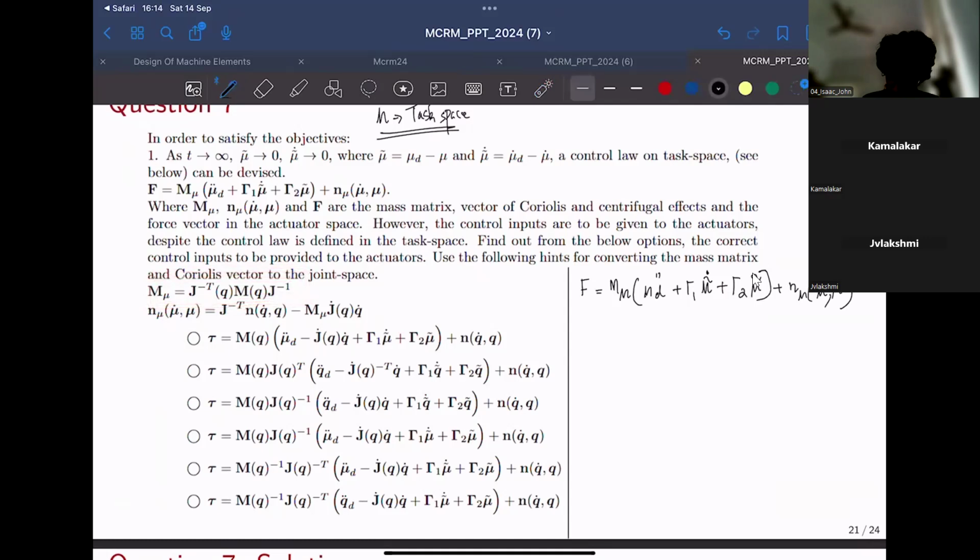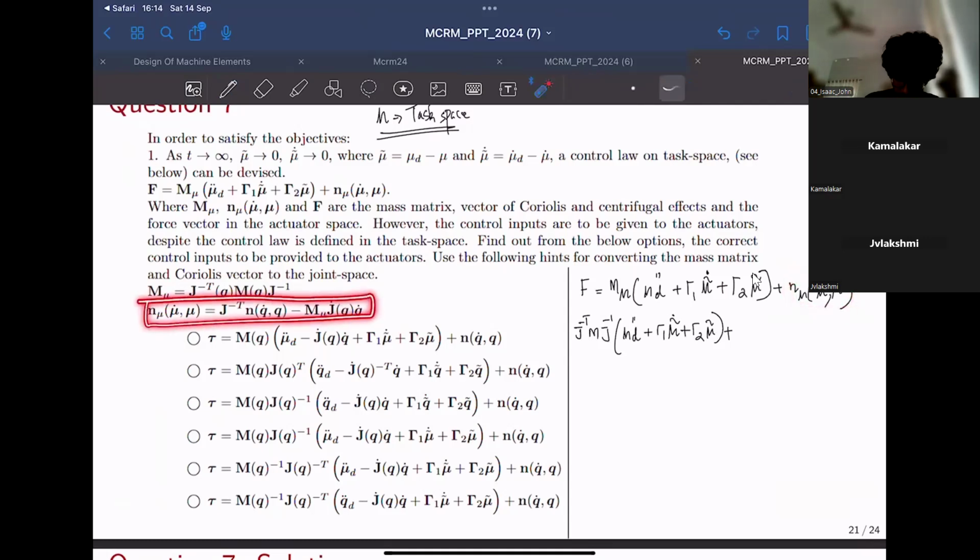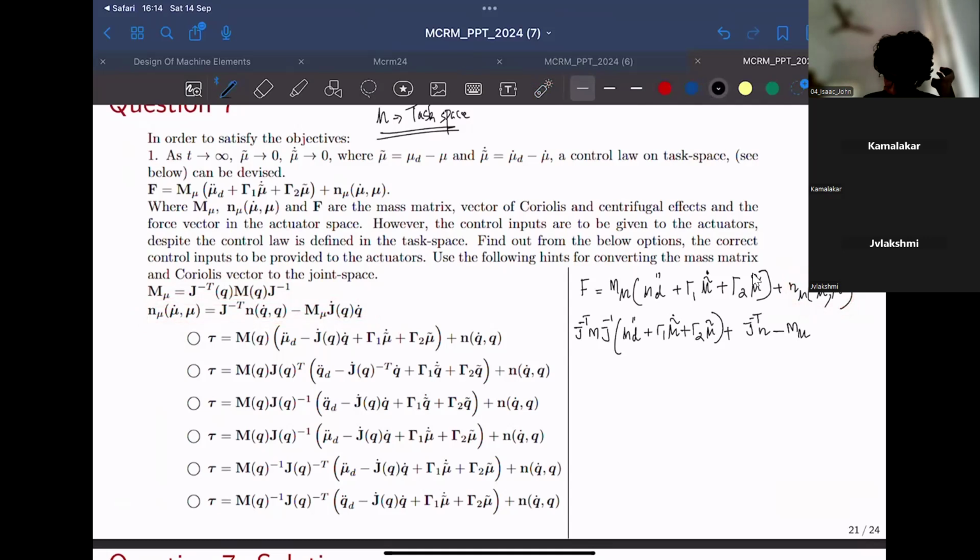I'll get J inverse transpose M J inverse, mu psi double dot plus gamma 1 mu tilde dot plus gamma 2 mu tilde, plus, instead of this N of mu, I'll substitute this term over here. So that makes it J inverse transpose N minus M mu J dot q dot.